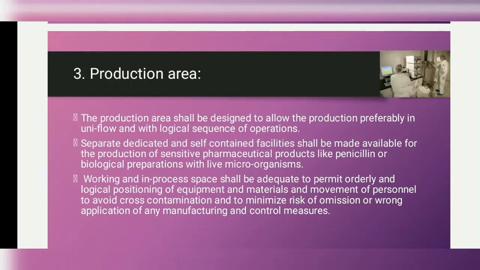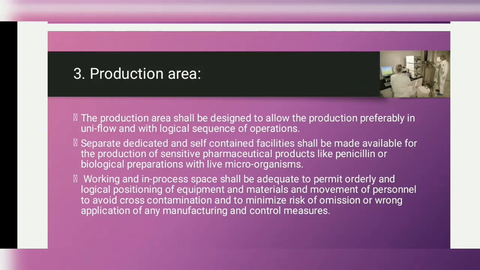Working and in-process space must be adequate to permit logical positioning of equipment and materials and movement of personnel to avoid cross-contamination and also to avoid wrong application of any manufacturing and control measures.